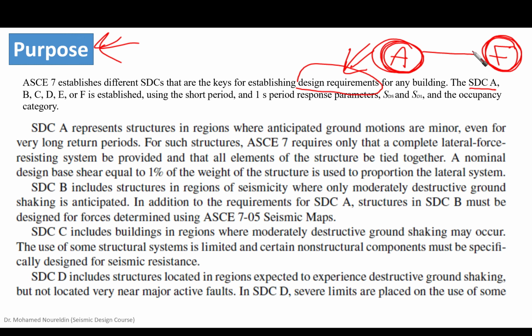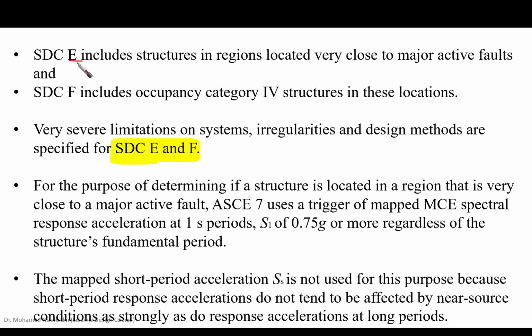So we have a range between them. It is established using the short period and 1 second period response parameters, based on SDS and SD1 and the occupancy category, which is the risk category here. So we have SDC-A, SDC-B, SDC-C, D, and we have E and F.